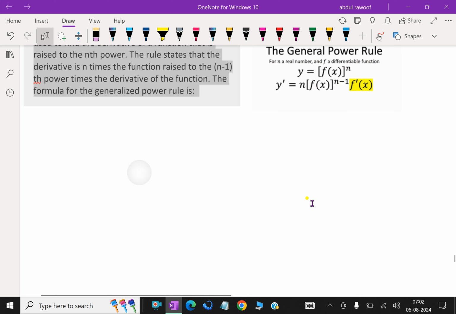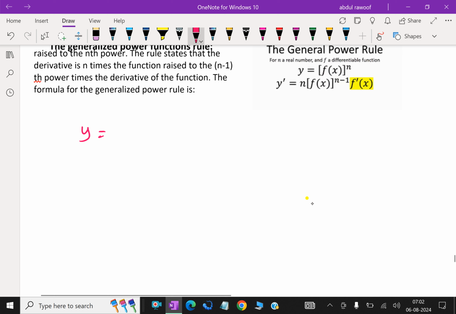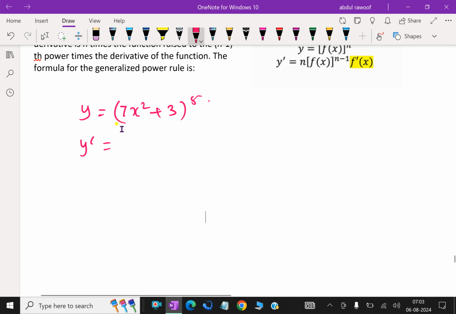For example, if y equal to (7x squared plus 3) whole power 5, what is the derivative y dash? In that, first the function f of x is here (7x squared plus 3) power 5. So first the 5 comes to the front, (7x squared plus 3), then reducing the power by 1, that is 5 minus 1 is 4.